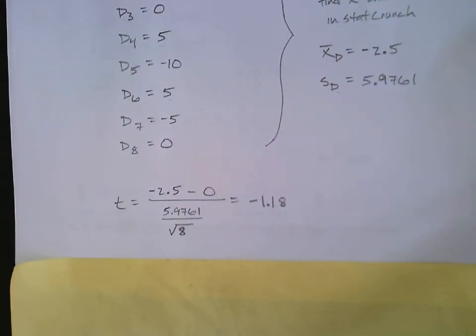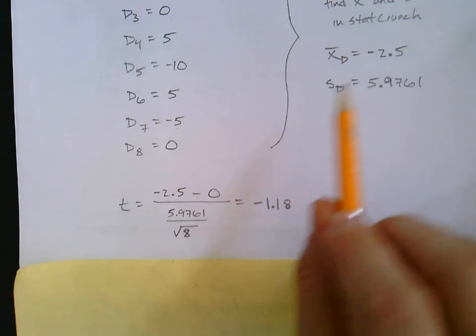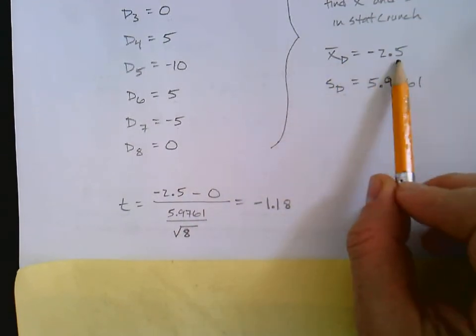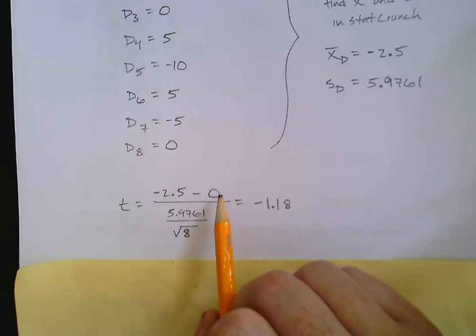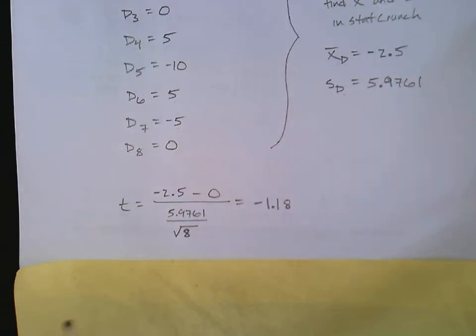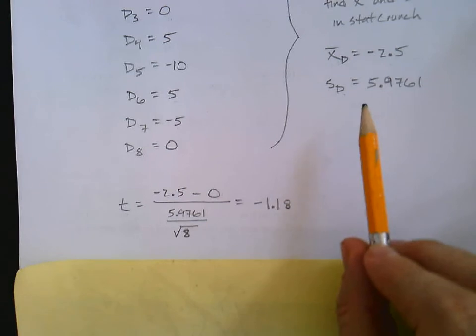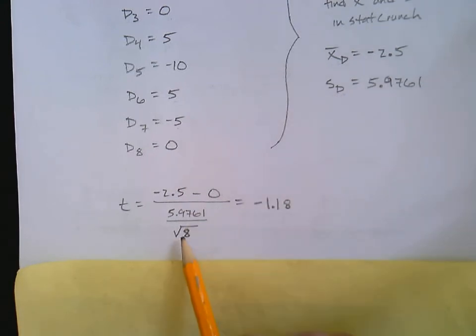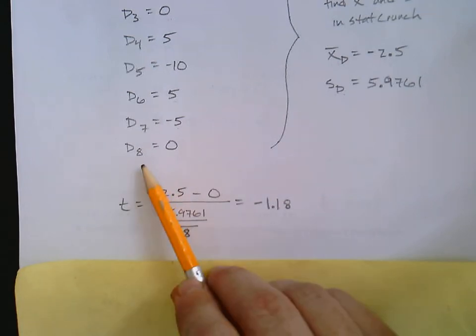We know the formula, and so we're going to plug in x bar sub d, the sample average for the differences. We assume that mu sub d is 0, so minus 0. There's our sample standard deviation of the differences divided by the square root of the sample size, 8.